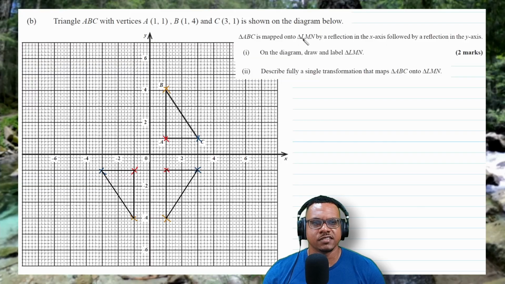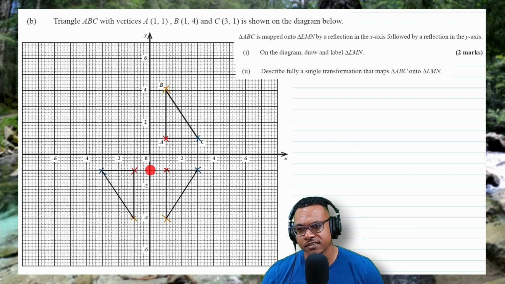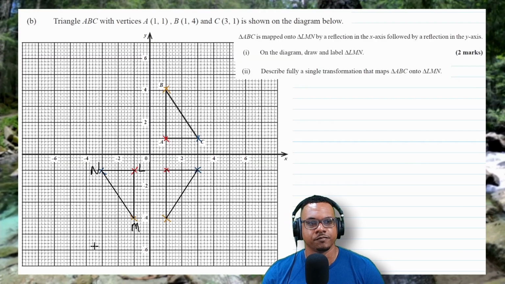Notice that ABC is mapped onto LMN, so A is mapped to L, B is mapped to M, and C is mapped to N. The A in red will be L here. We have the B in brown, so M is down here. And the next point is going to be N.